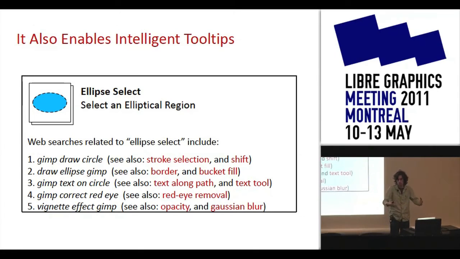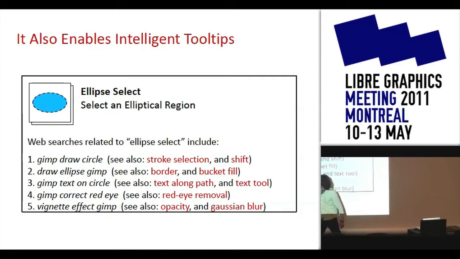Now, this is generated by the user community on the fly, so it evolves as people's use of the software evolves. And the nice thing about searches is that when you type in a query, you're trying to come up with a very concise, information-rich phrase to describe what you're doing or what you're looking for, your information need.